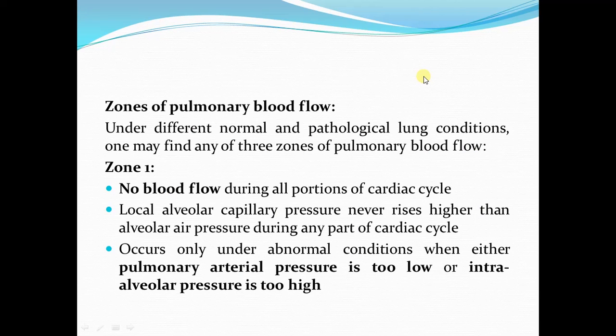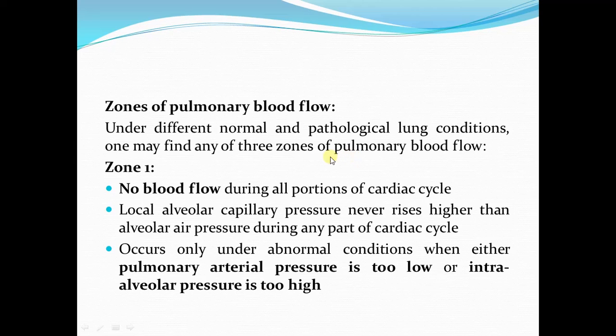Now due to the hydrostatic pressure differences we just talked about, there are different zones of blood flow. So one may find that there are 3 zones of pulmonary blood flow, or we can say that the lungs can be divided into 3 zones because of the hydrostatic pressure gradient.